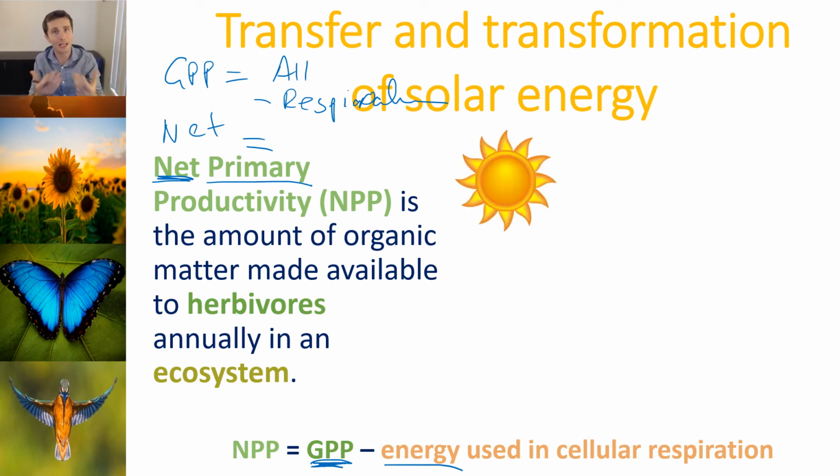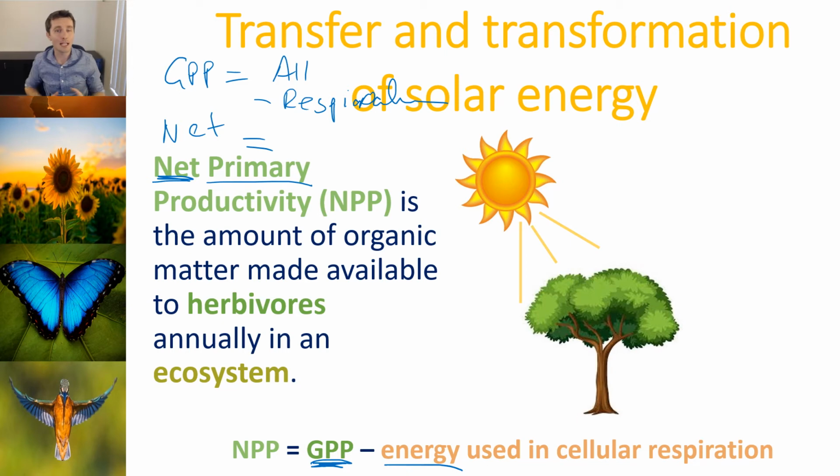So when we look at a little bit of a summary here, we've talked about the fact that solar energy is where that energy enters into these ecosystems. So from sunlight that comes in, plants capture that sunlight, or algae or phytoplankton, but you get that idea. Those autotrophs, those producers, that base level in the trophic or food chain, they capture that sunlight, they undergo photosynthesis. Now the total photosynthesis that they undergo to create chemical energy in the form of glucose, we call GPP, gross primary productivity.